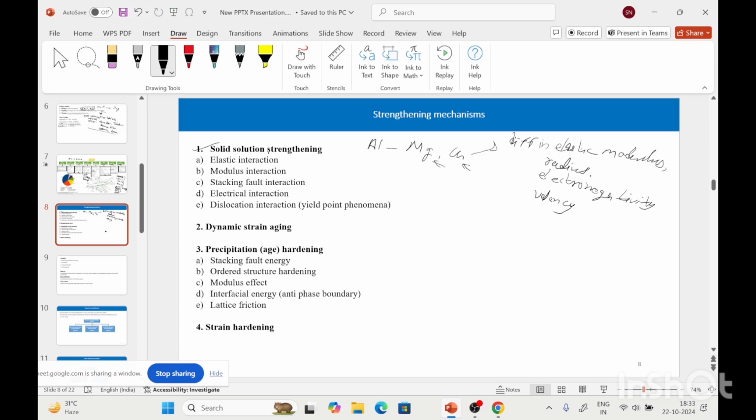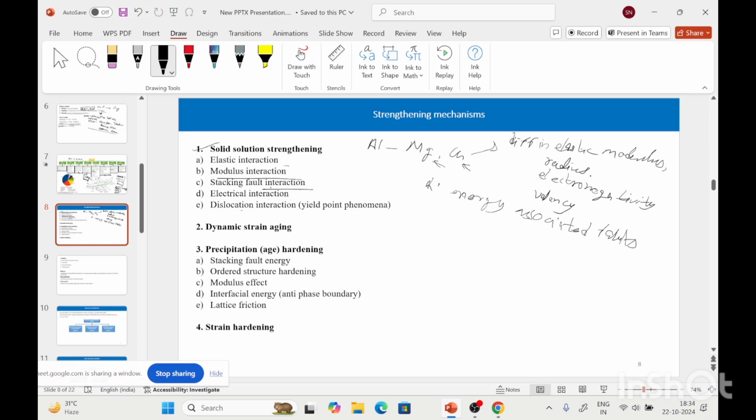Here the elastic modulus interaction comes in, and the stacking fault interaction: the dislocation generally dissociates into stacking faults, and the energy associated with stacking faults leads to strengthening in the alloy.